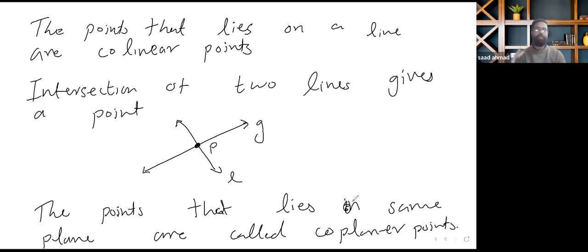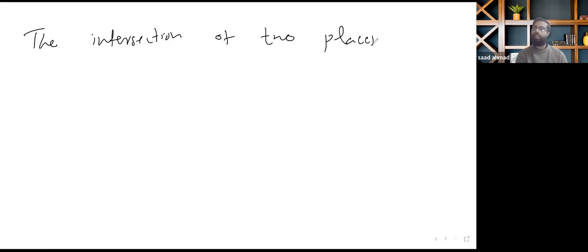These are coplanar because they exist on the same plane. And the intersection of two planes gives us a line.